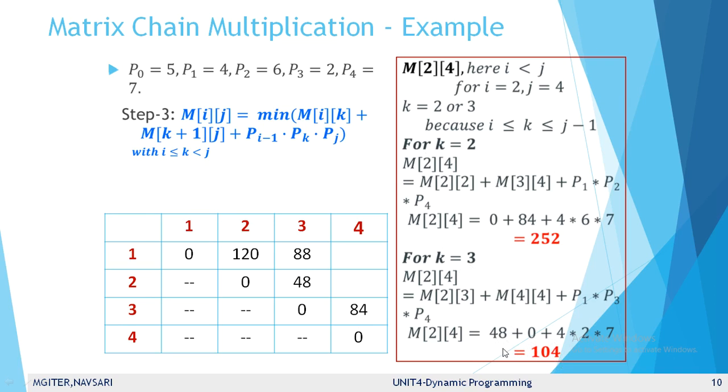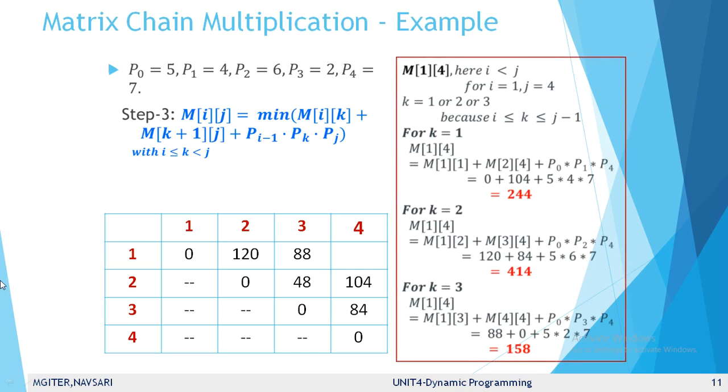Now we found the less computation, 104, whenever the value of k is equal to 3. Now we put M of 2 4 is equal to 104. Put here 104.